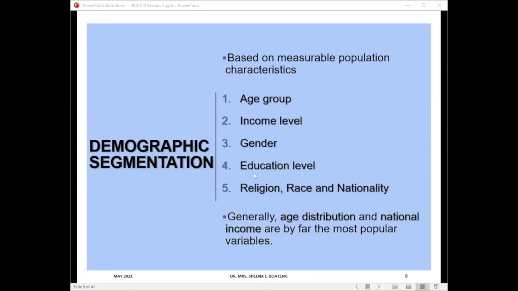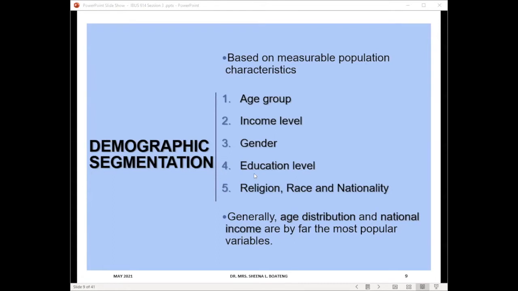Apart from age and income, we can also talk about other demographic characteristics like gender, education level, religion, race, nationality. These are all demographic variables that can be considered when it comes to international marketing.